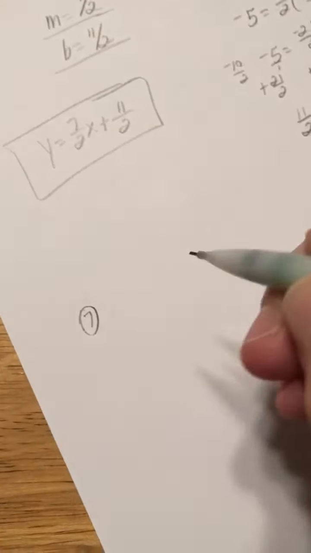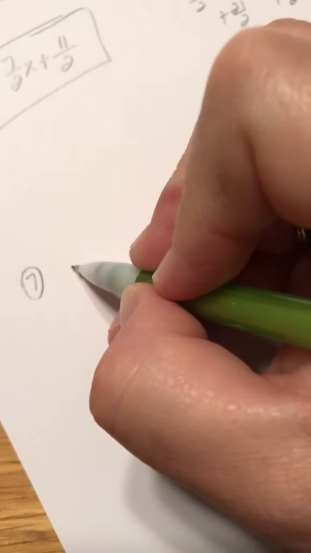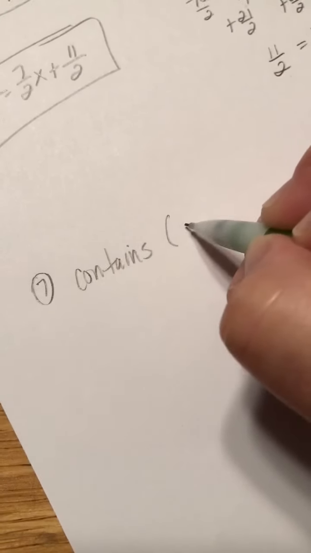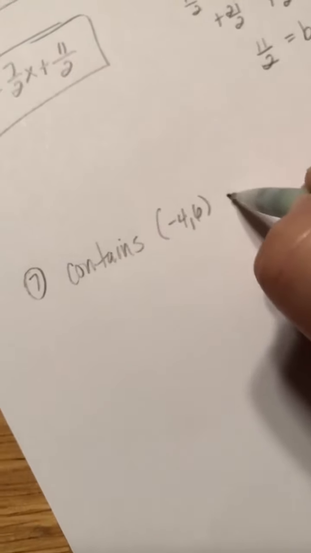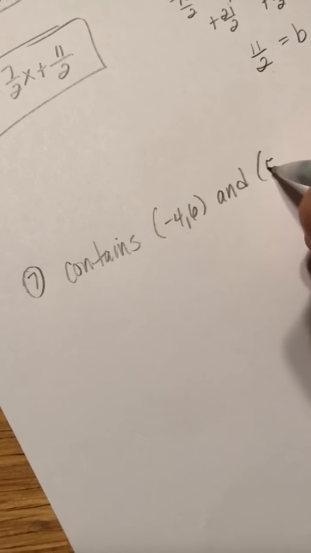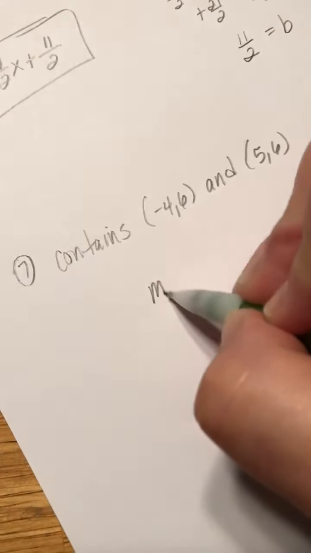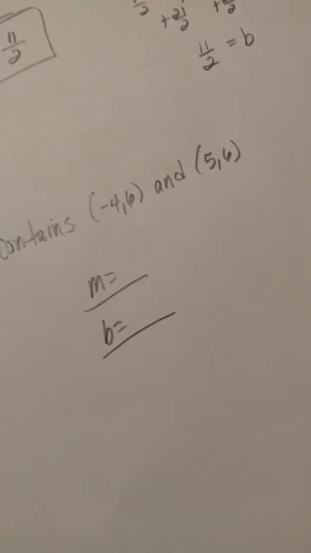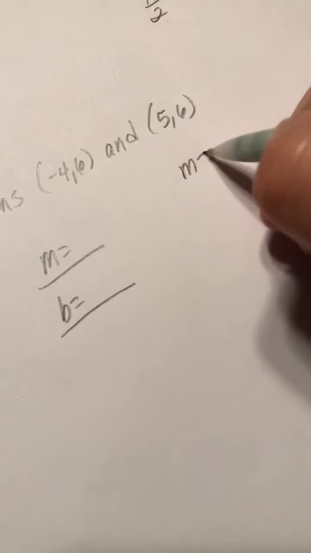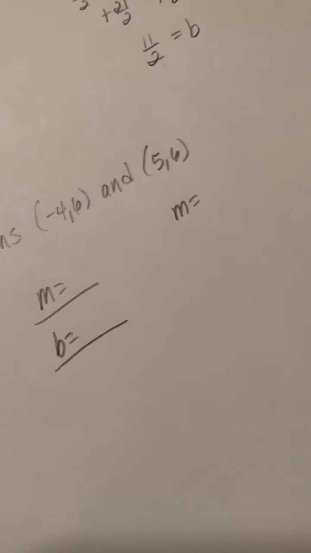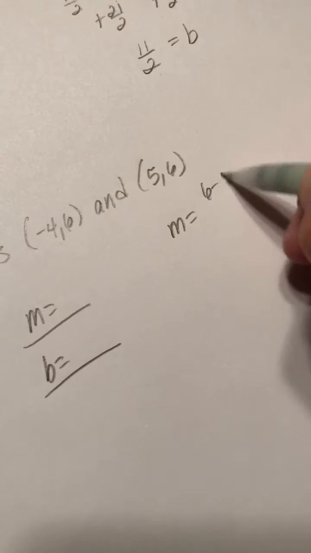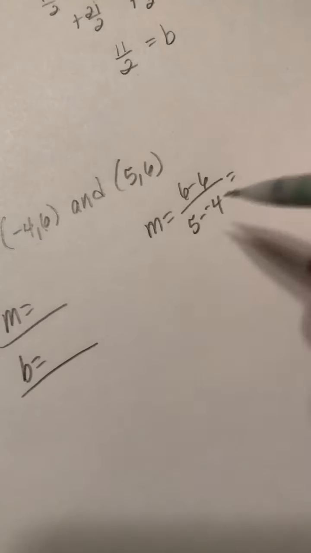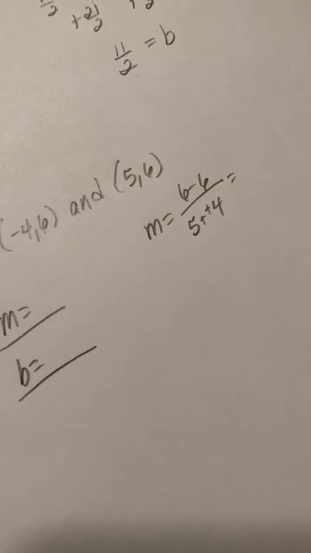All right, last one, number 7. Write the equation of a line that contains -4, 6 and 5, 6. So again, M and B, we have to find M first. So I take y minus y over x minus x. On the bottom, that's going to turn into plus a positive.